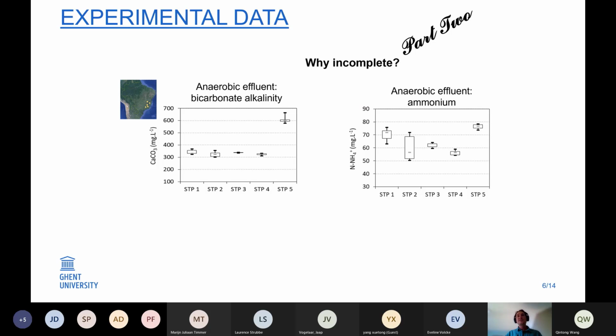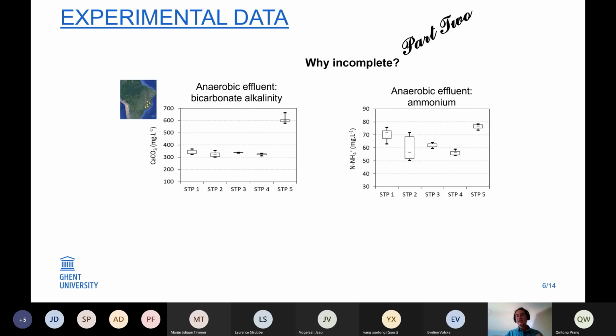Then we came to the second part of this story, and for this we looked into the data from the full-scale treatment plants that we observed. On the left-hand side, you have a graph representing the bicarbonate alkalinity in the anaerobic effluent, the UASB reactor effluent, and on the right-hand side, we have, for the same sewage treatment plants, the effluent ammonia concentration.